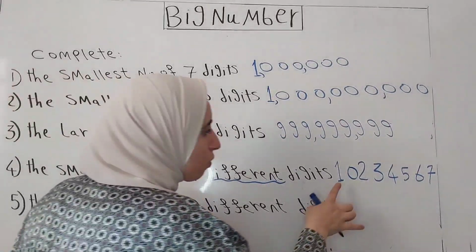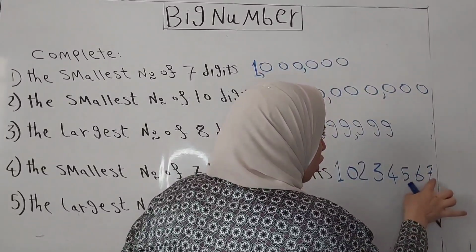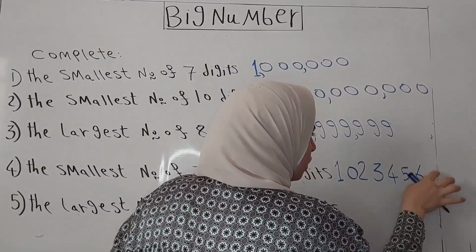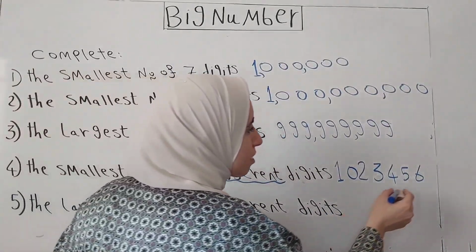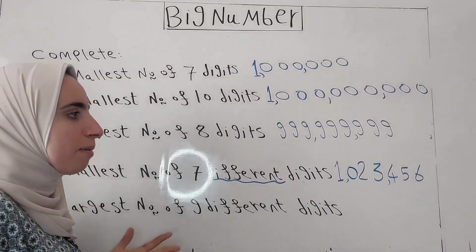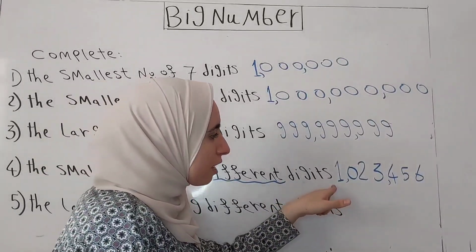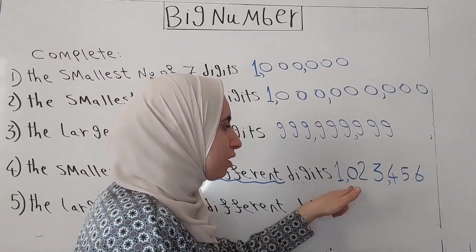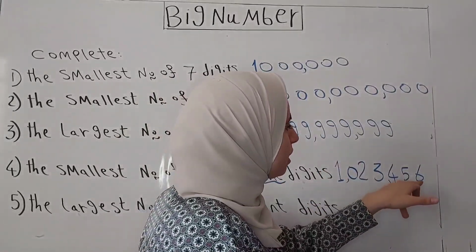Let's count with me: 1, 2, 3, 4, 5, 6, 7. Finally, we use commas to separate each 3-digit period. To read this big number, this is ones, this is thousand, this is million. 1 million, 23 thousand, 456. That is 1,023,456.